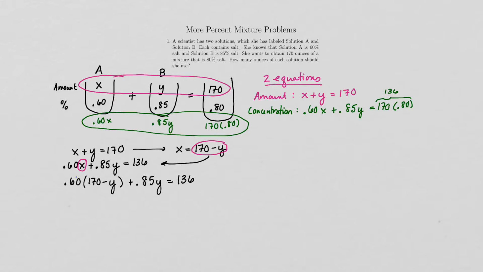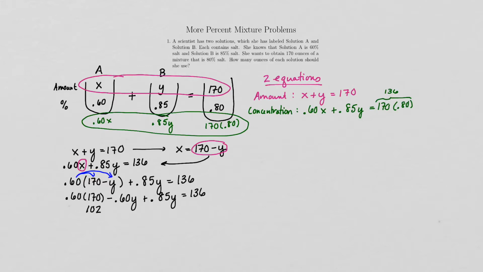I need to distribute the 0.60, so it has to go to both of those things inside the parentheses. So 0.60 times 170 minus 0.60y plus 0.85y equals 136. 170 times 0.6 is 102.